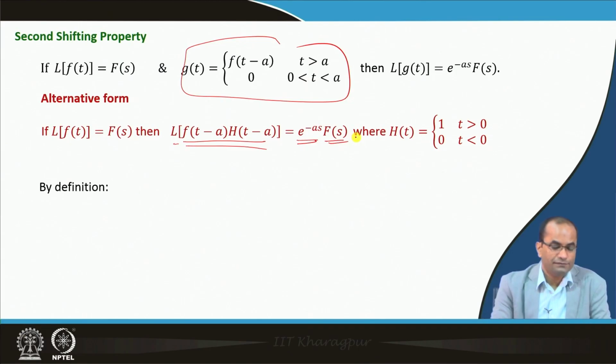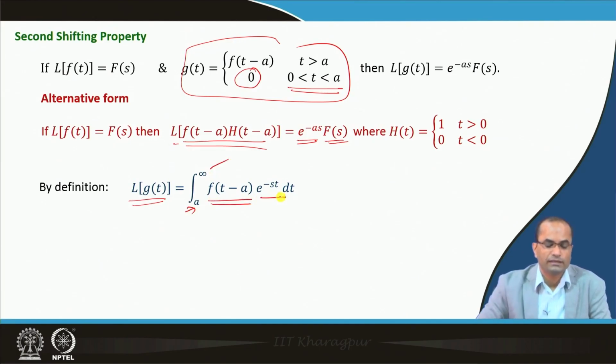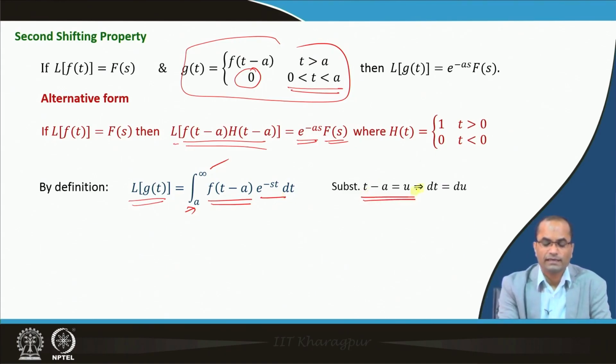So, by definition, if we take the Laplace transform of g(t), because in 0 to a the value of the function g(t) is 0, the integral will start from a to infinity, and the function is f(t minus a) e to the power minus s t dt. If we substitute t minus a as u, that means dt is du.